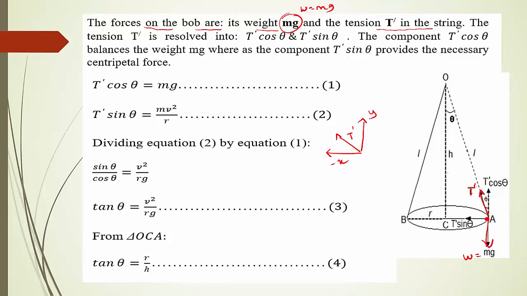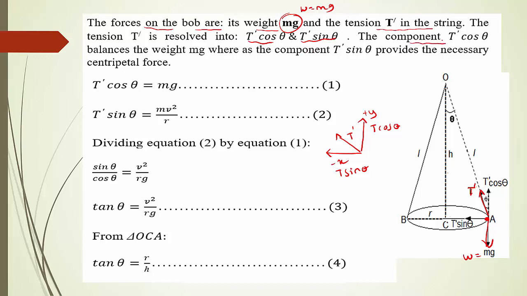This is minus x-axis, this is plus y-axis. So now we can consider their components: T dash cos theta and T dash sin theta. They are the components of tension.